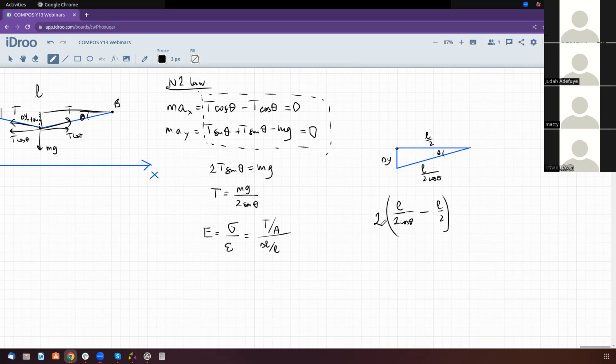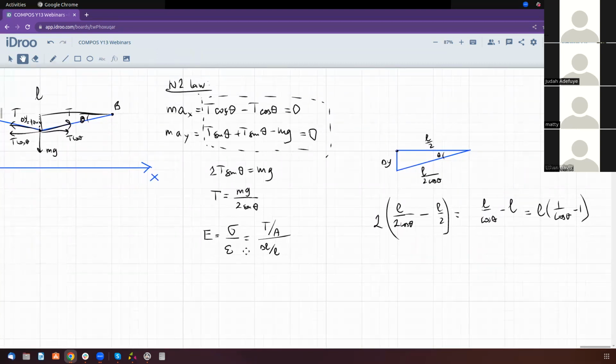We double that because we have a symmetrical side on the other end. So we have L over cos theta minus L, which is L times (1 over cos theta minus 1). Okay, which is nice.